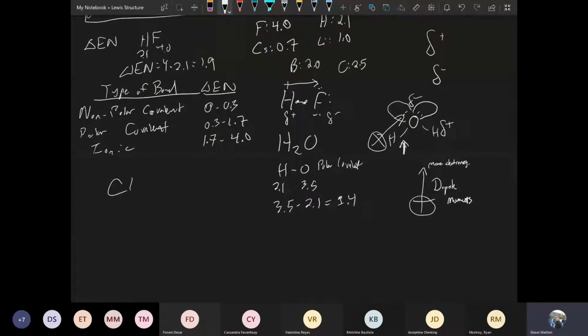So let's look at CH first. Carbon again is 2.5, and hydrogen is 2.1. So that's going to give you 0.4.